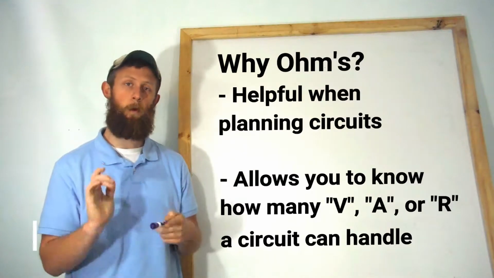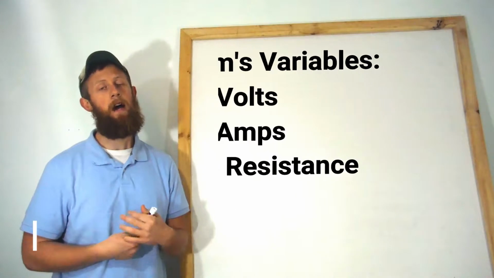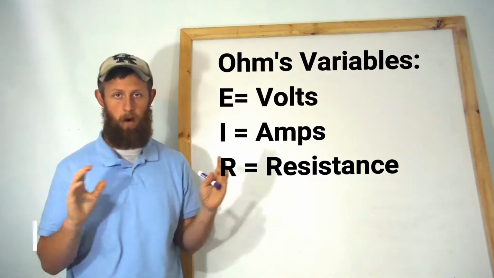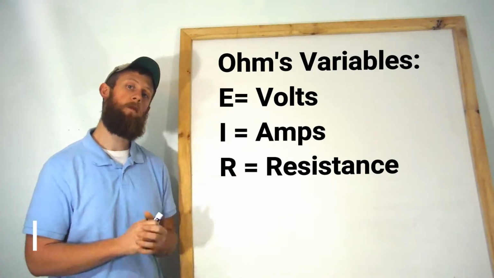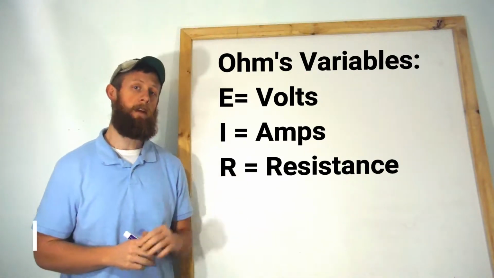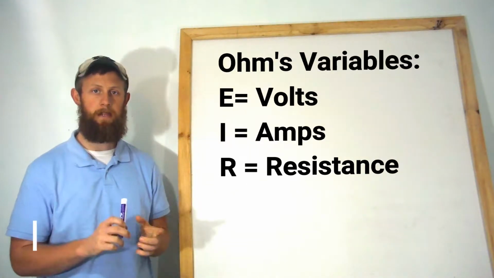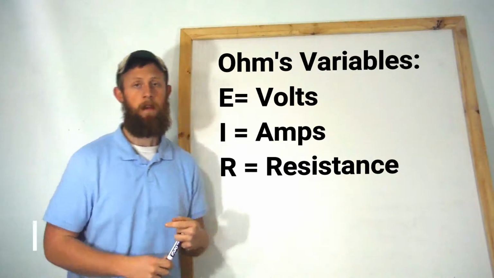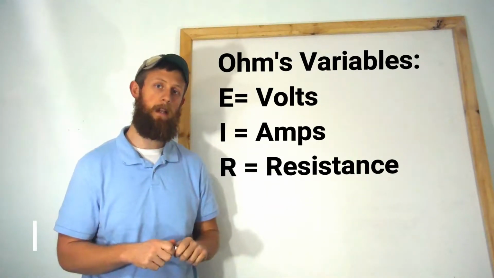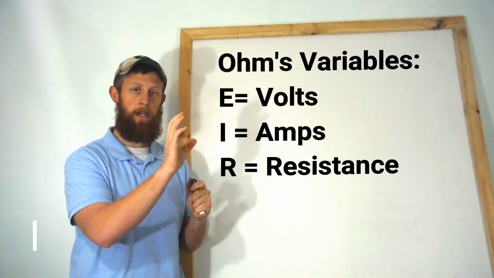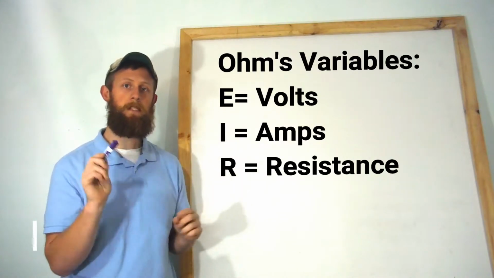How it breaks down, this formula uses a little bit different letters than that West Virginia formula, and here's what they are. So for Ohm's law, E represents volts, I represents amps, and then R naturally represents resistance. So a little bit different, but that's the three: E, I, and R. Now the way you set it up, much like the last formula in the last video, we can, using some simple algebra, move the formula around and figure out which missing piece we need.